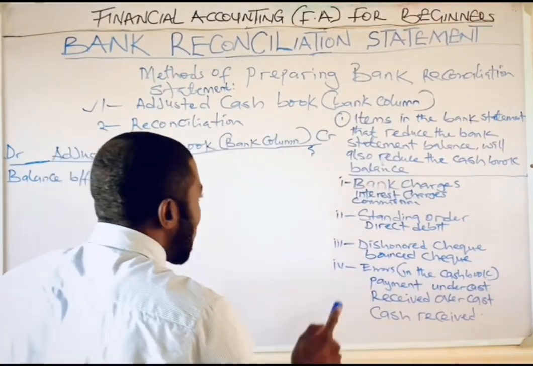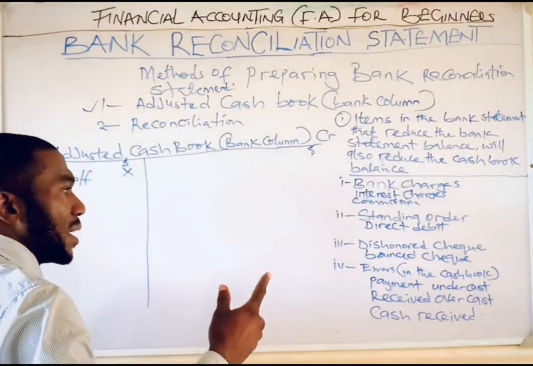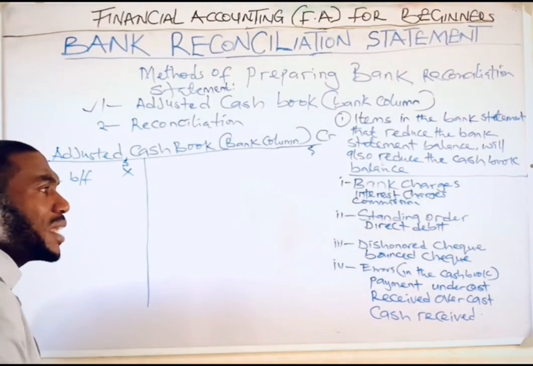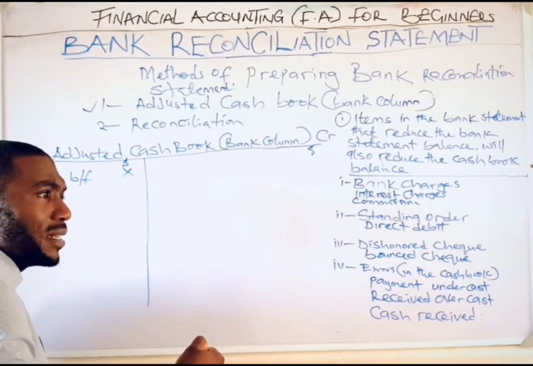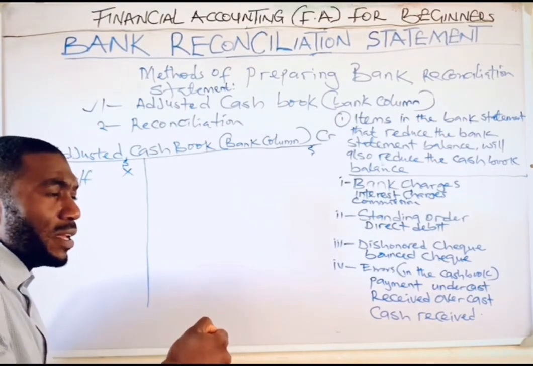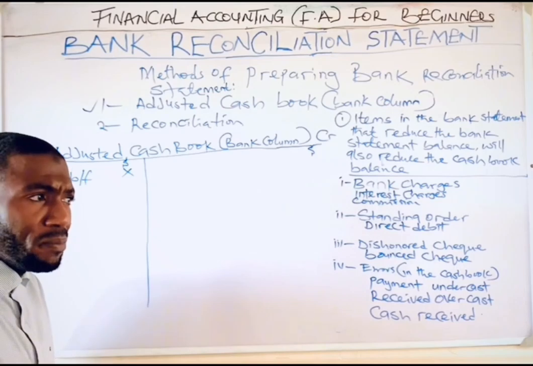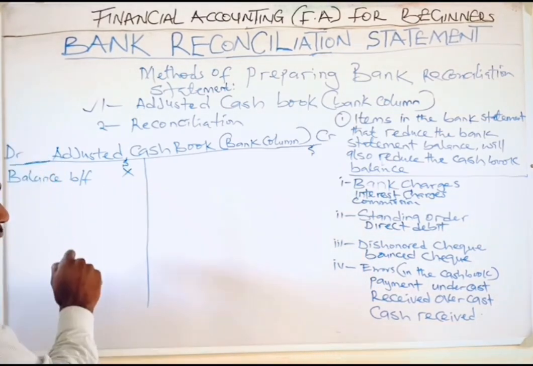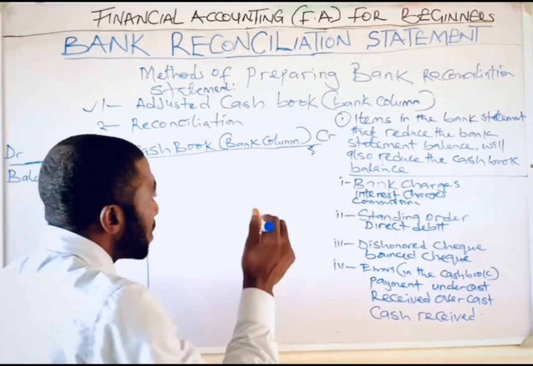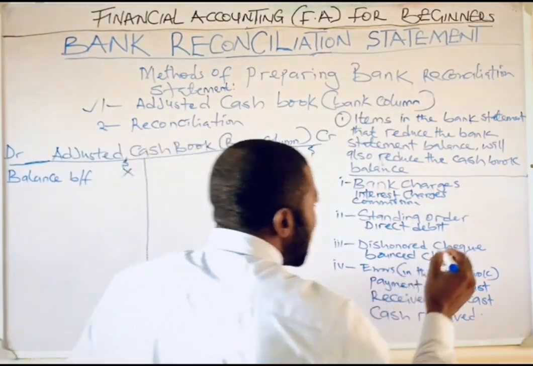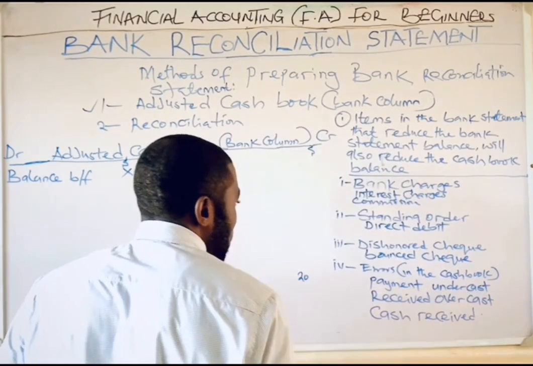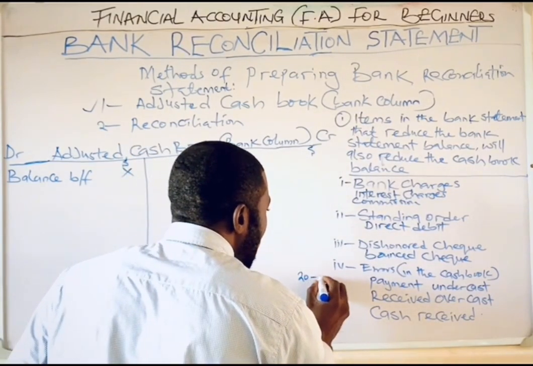What this is telling us is that you're supposed to pay high and you pay less. So you must take out the remaining amount that you're supposed to pay in full to complete it as a full payment. So it will reduce our bank balance in the cash book, because we're supposed to have made, like, let's say we're supposed to pay $20 and we pay $15.